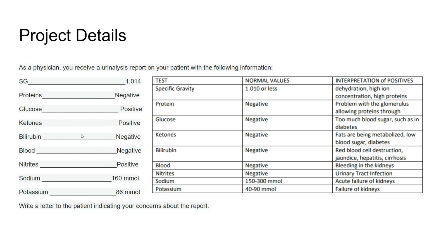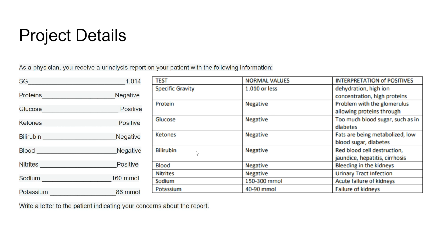In the blood and bilirubin, they got negative values, so we're good there. Then in the nitrates, this is interesting to me. They got a positive value, and so obviously they have a little bit of a urinary tract infection. And I'm wondering, could that affect this?